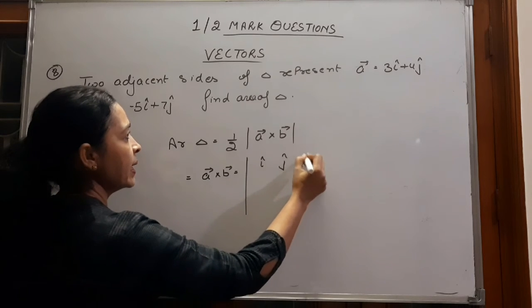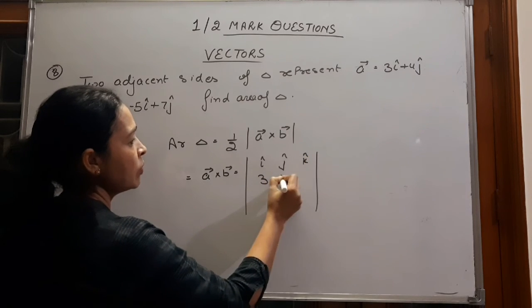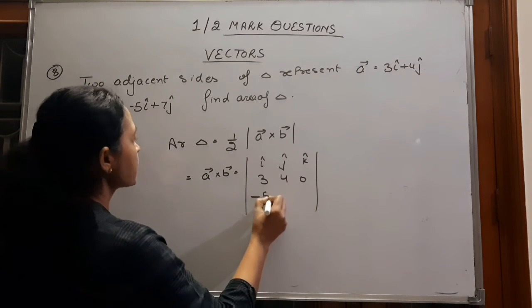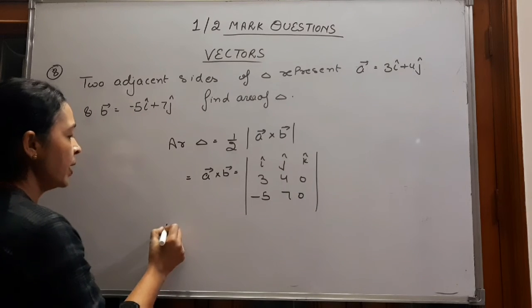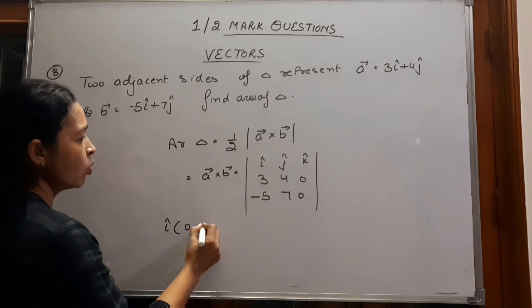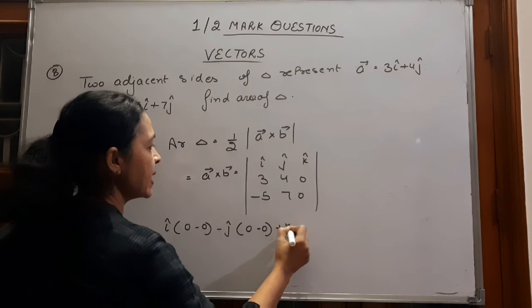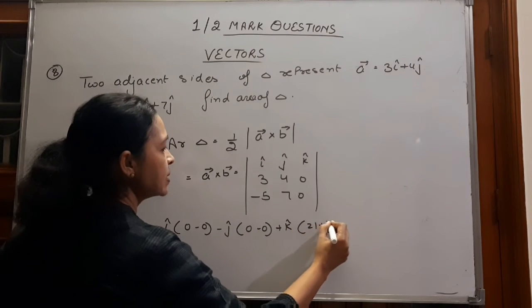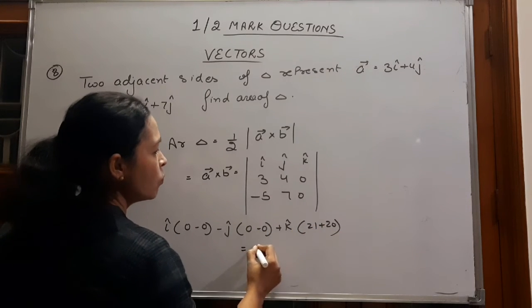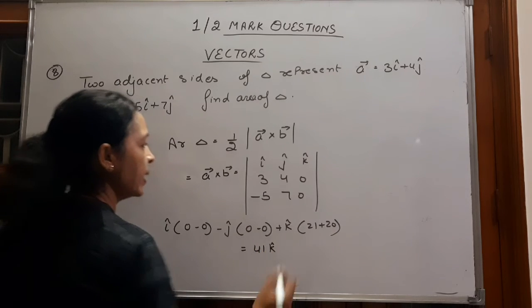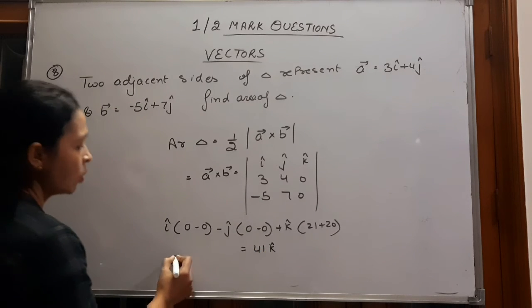i cap, j cap, k cap. Here we have 3, 4 and 0, minus 5, 7 and 0. A cross B is i cap (0 minus 0), minus j cap (0 minus 0), plus k cap (21 plus 20). That is 41 k cap.